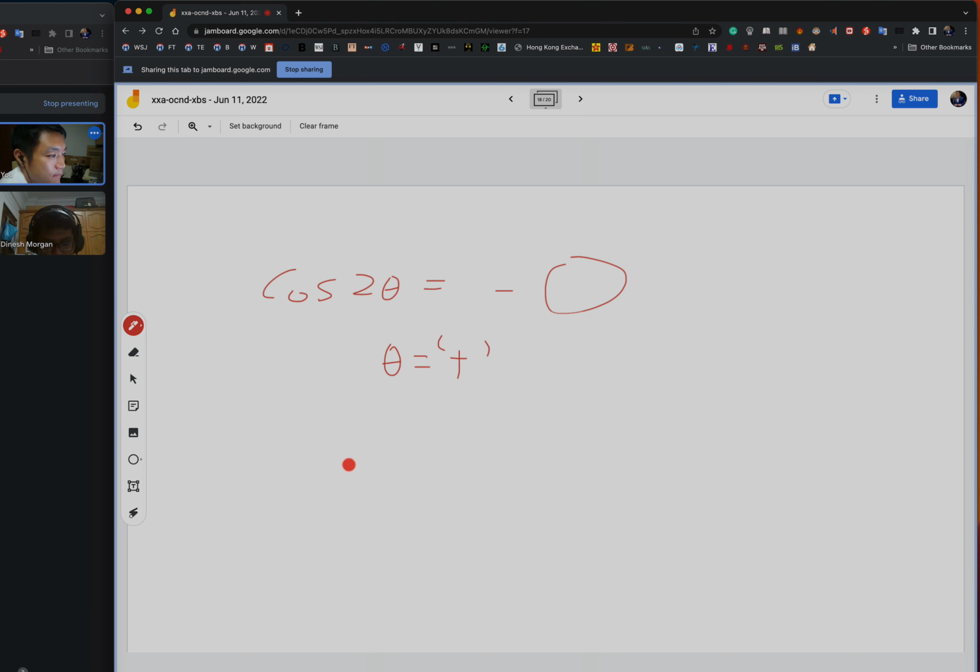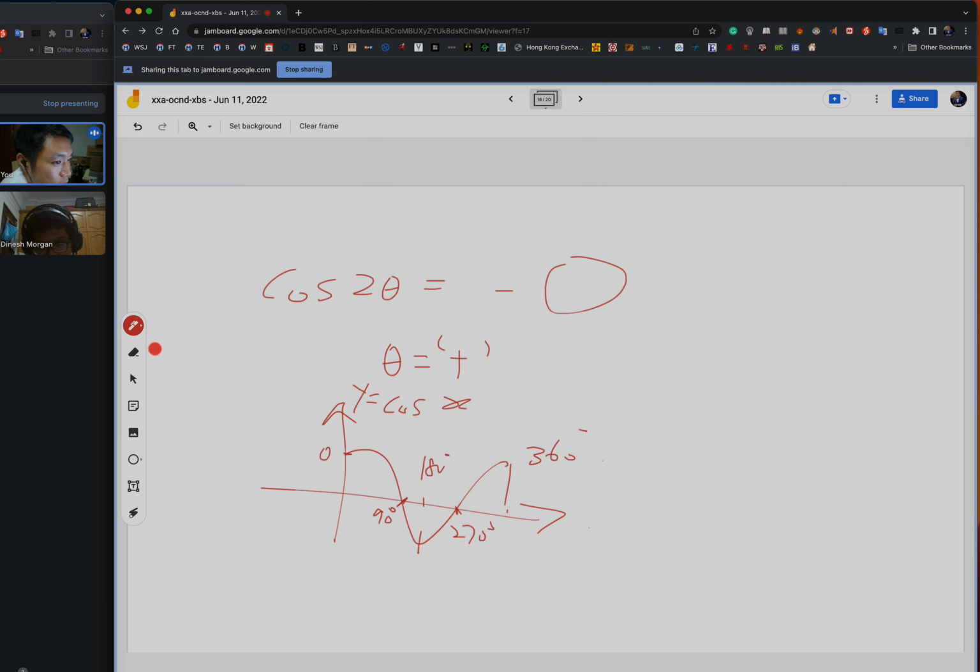You need to use the basic curve. So when the cosine is negative, this is 0, this is 180, right? This is 90, this is 270, and this is 360. When cosine x goes to the negative region, this one, as soon as it is in between this, I mean this x, in a way you are talking about 2 theta, right?